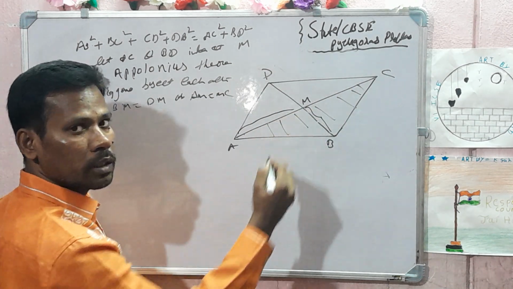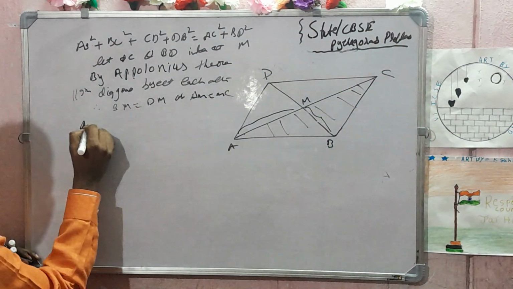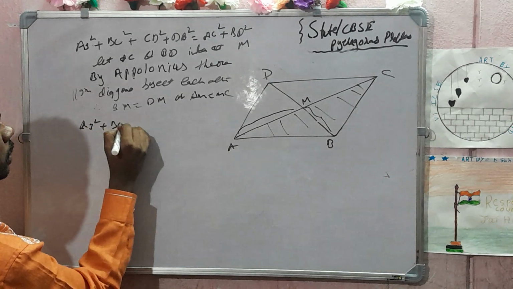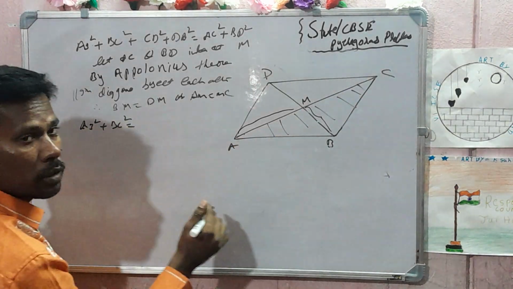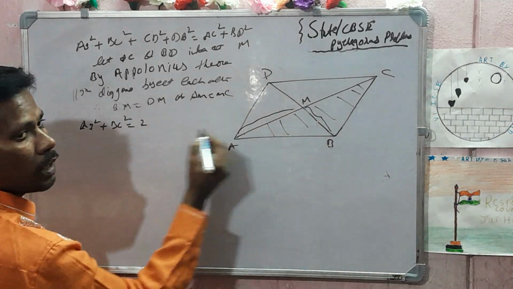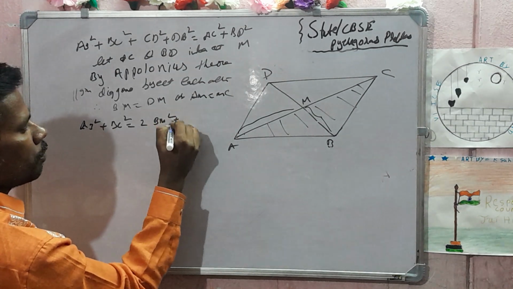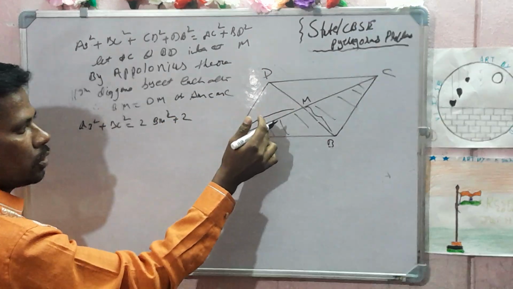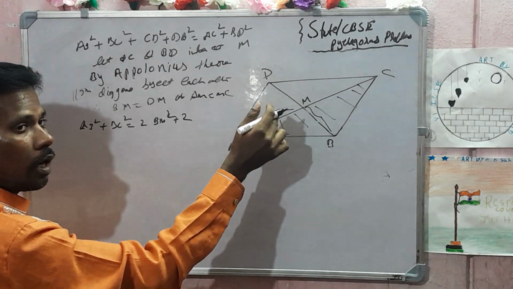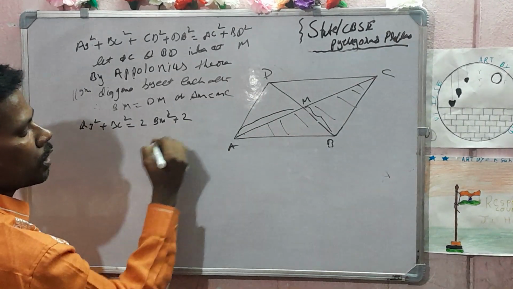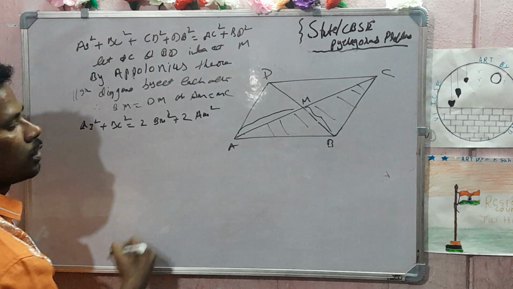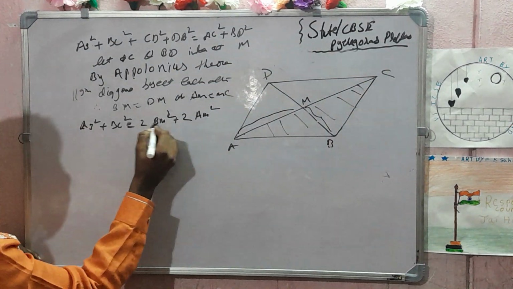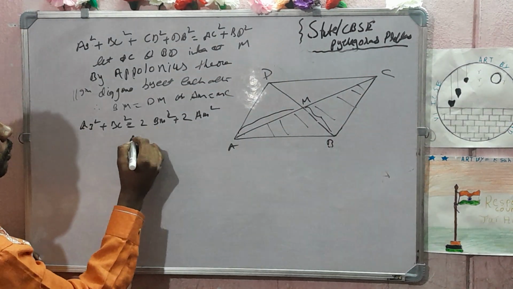That means AB square plus BC square is equal to 2 times BM square plus 2 times AM square. This is what Apollonius theorem states.